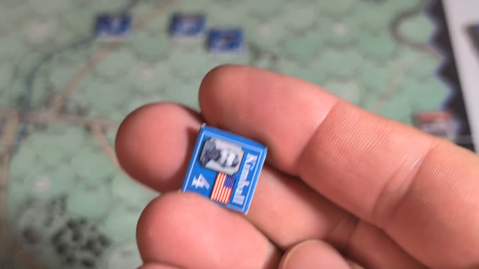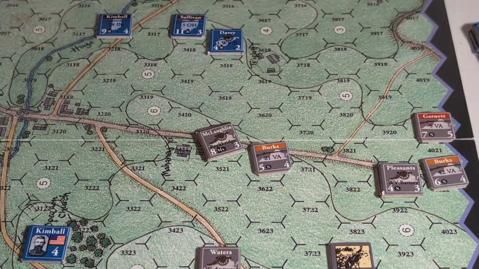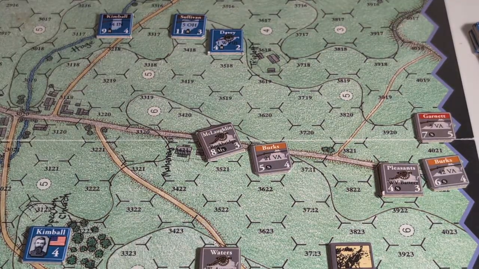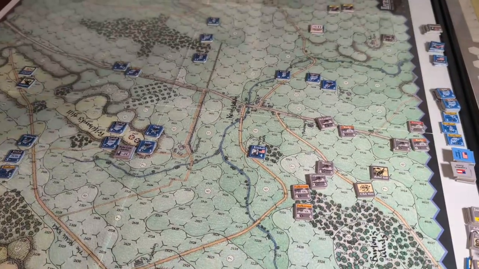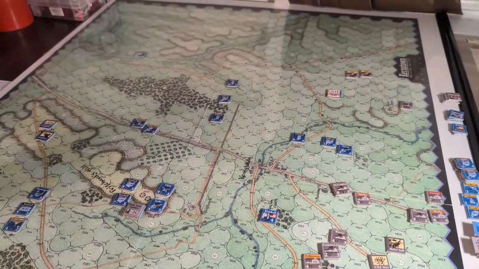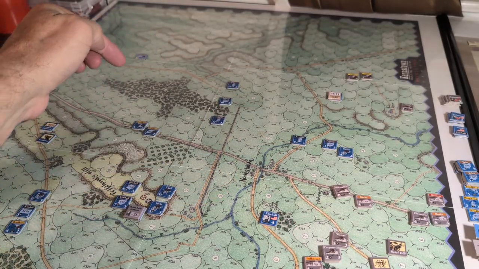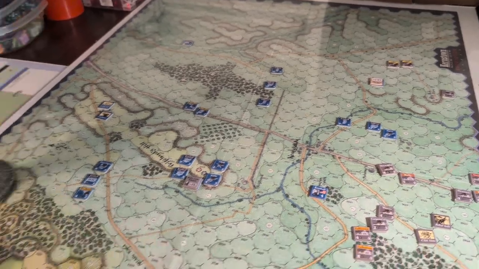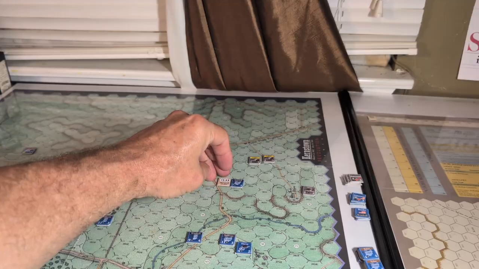What do we got? All right, so Kimball has to roll a 4 or less. Okay, rolled a 2. So Kimball can activate his units. So he's got 1 here, 2 here, 1 back there, and he's got 1 in skirmish order right here.